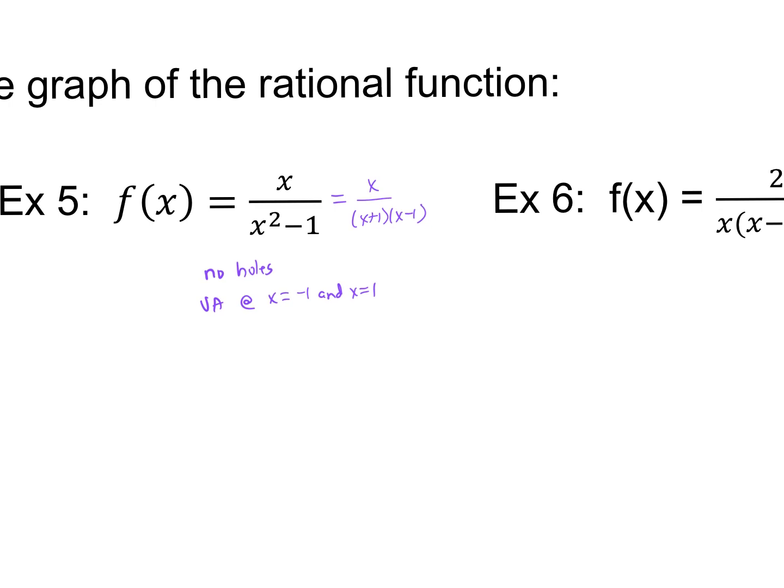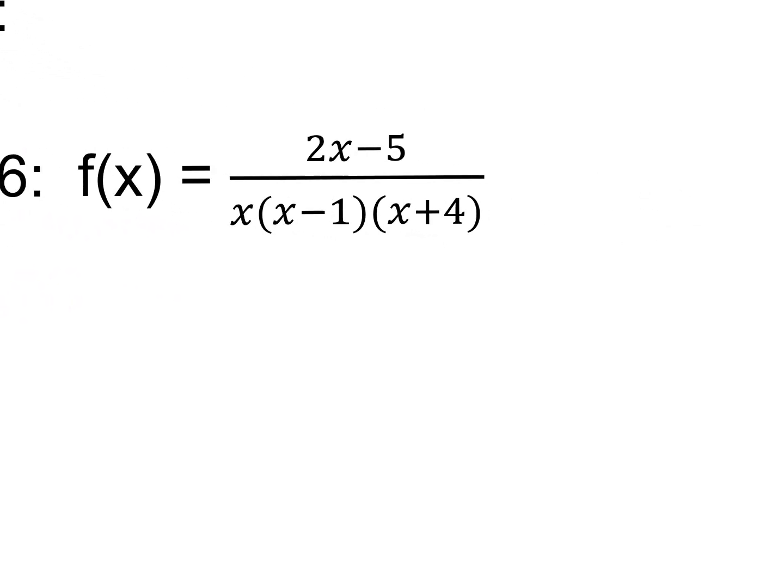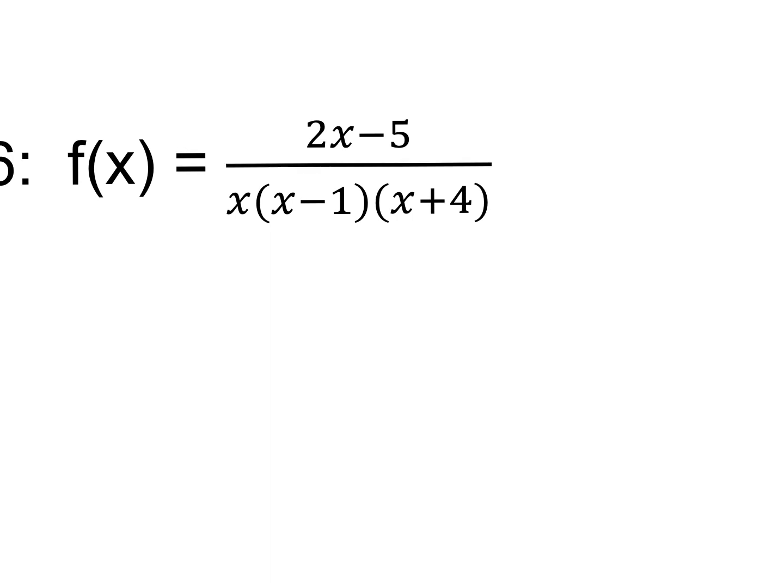And then lastly, let's take a look at this one. This is already factored for us. Definitely no common factors in numerator and denominator, so there are no holes. But if you notice, we have 3 different places where the denominator could be equal to 0. So 3 different vertical asymptotes.